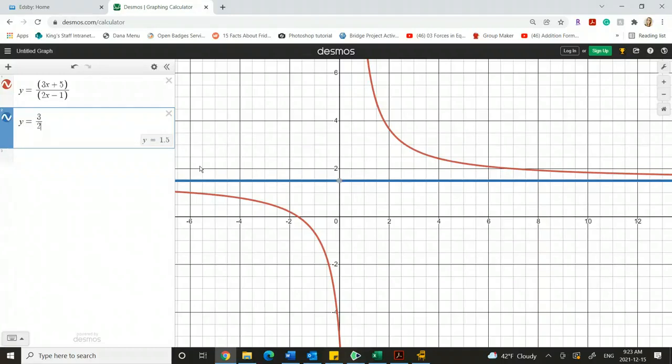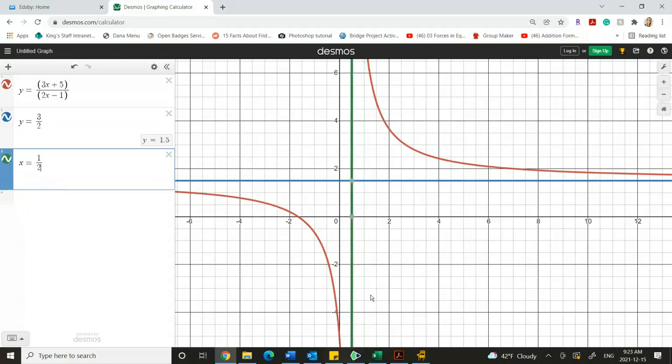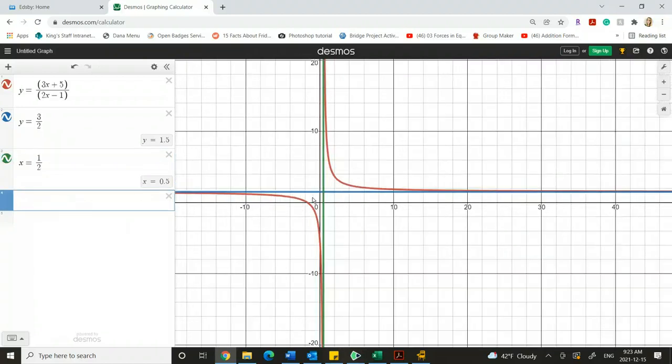See how there's a horizontal asymptote here where my graph is sort of curving around? There's also a vertical asymptote as well, right, at positive half. Okay, so there's the horizontal and vertical asymptotes of this function.